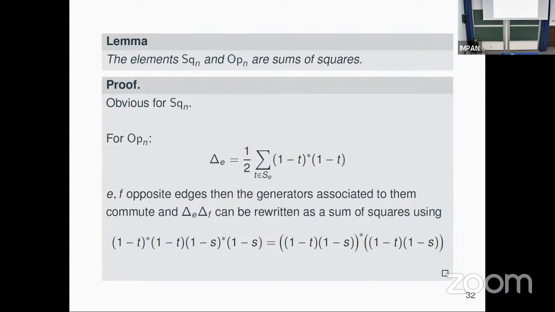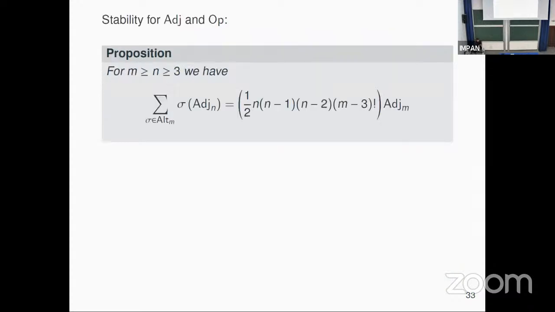The opposite part consists of products of Laplacians for edges that don't have any vertices in common, so the corresponding copies commute. You can rewrite elements like this, switch them around, and then you get sums of squares. So this means that the whole issue is inside the adjacent part.